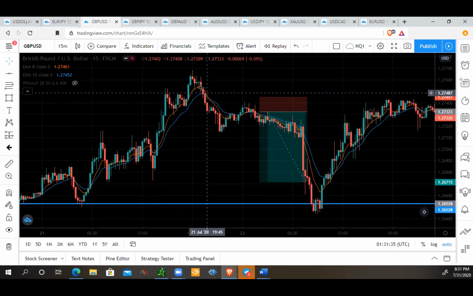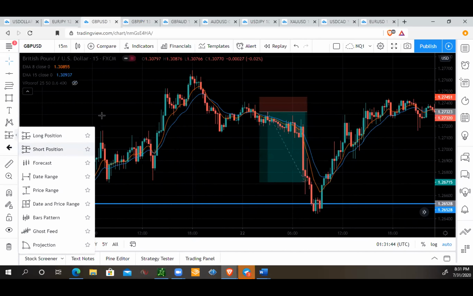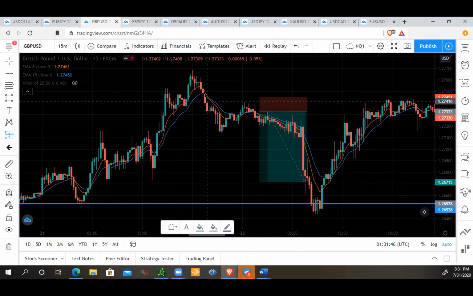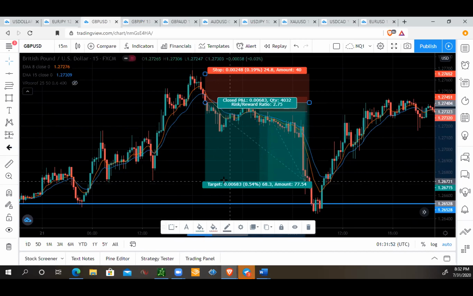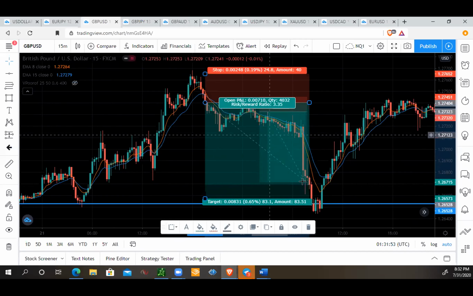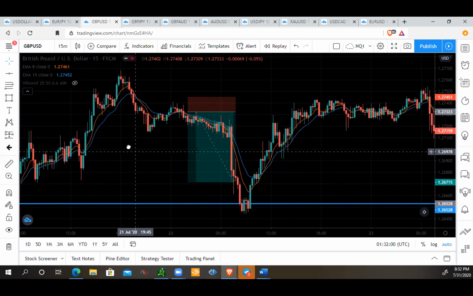And right here, when the 8 crosses the 15 and I've got a bearish candle, I would enter a sell position, short position right there. Bearish candle, 8 crosses the 15. That's my last lower high. And that took off, never came back to that position, never came back to that stop loss. Wow. And you'll see it constantly.